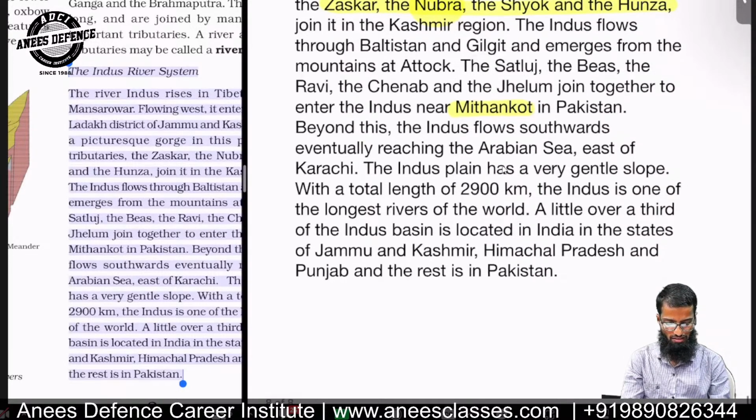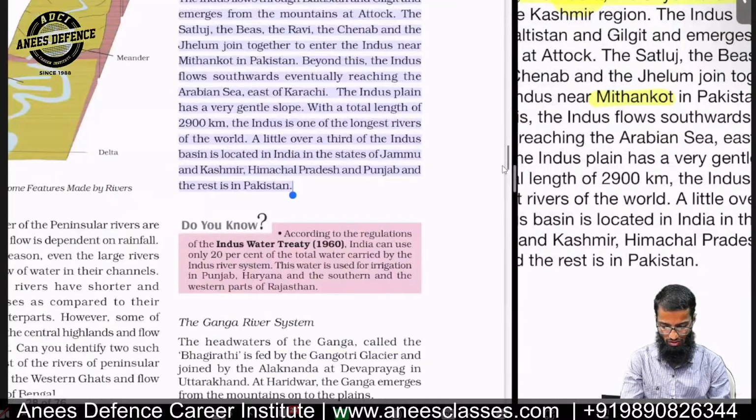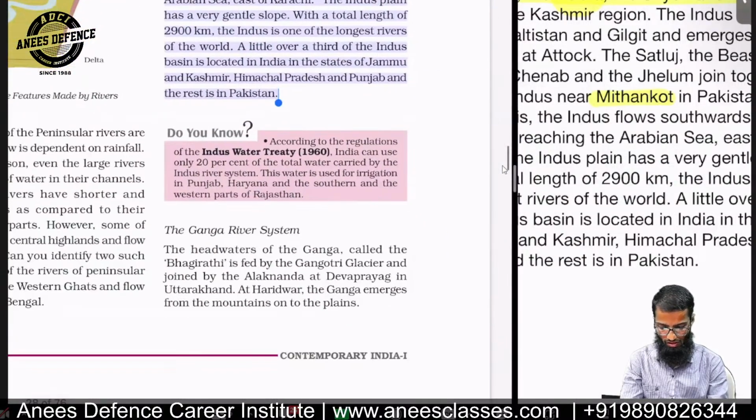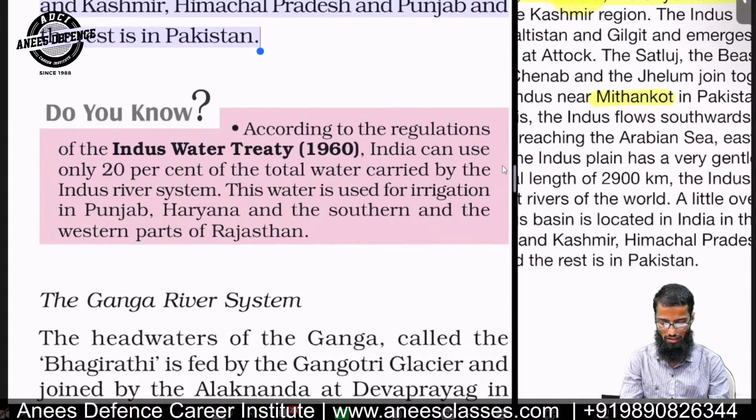Indus has a very gentle slope with a total length of 2,900 kilometers. It's not the longest, because the Nile is the longest and the Amazon is the largest, but Indus is also not less. So that was a bit about Indus, and you need to study about the Indus Water Treaty also.